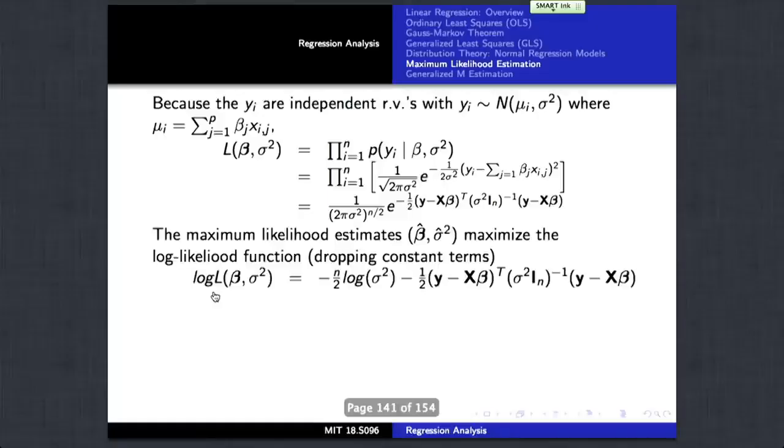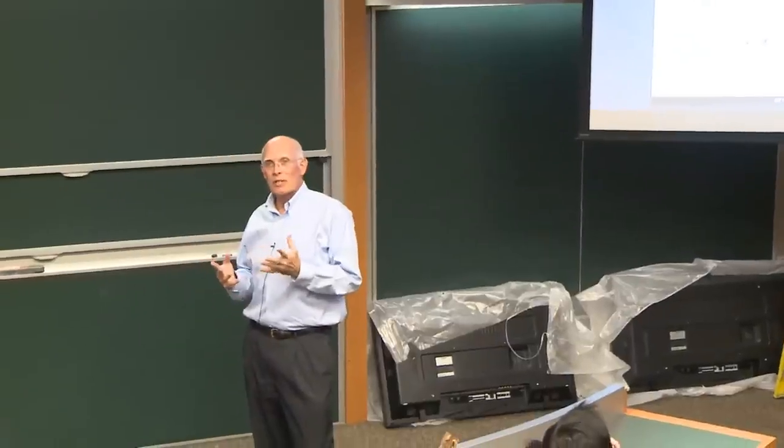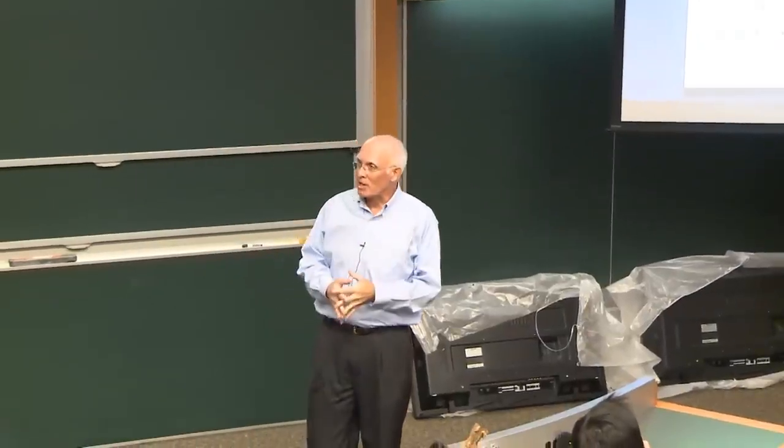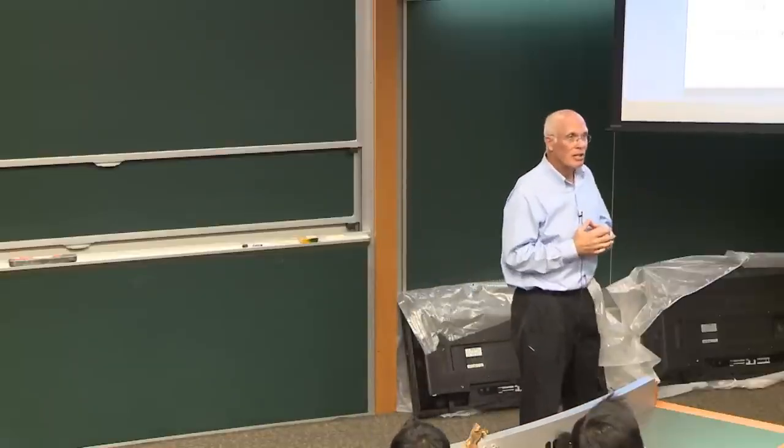And what we have is the likelihood function ends up being a function of Q of beta, which was our least squares criterion. So least squares estimation is equivalent to maximum likelihood estimation for the regression parameters if we have a normal linear regression model.